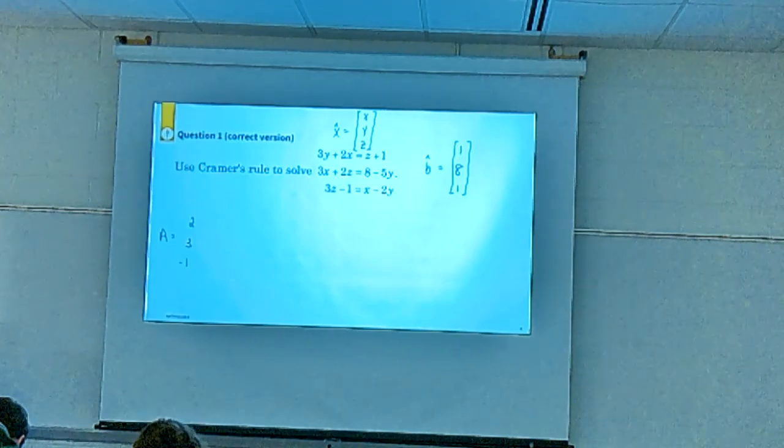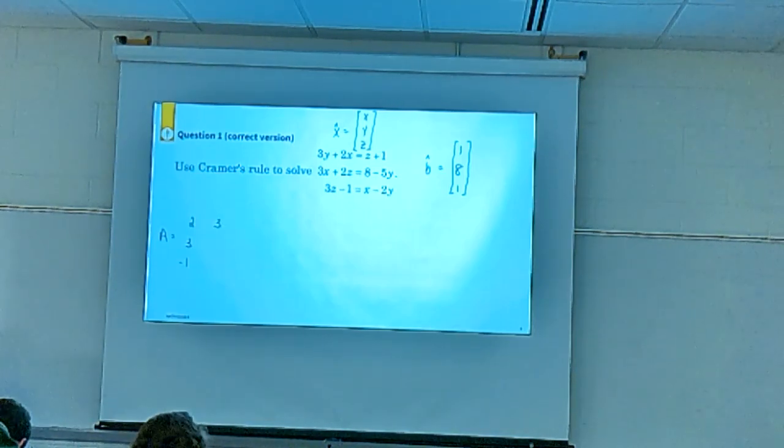Coefficient column for y: 3, 5, 2. And coefficient column for z: -1, 2, and 3.